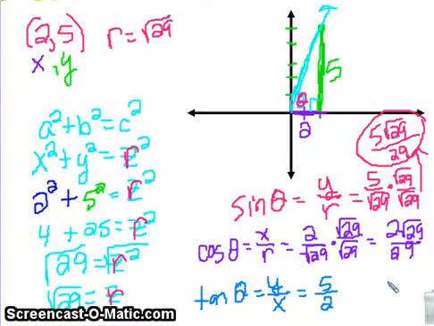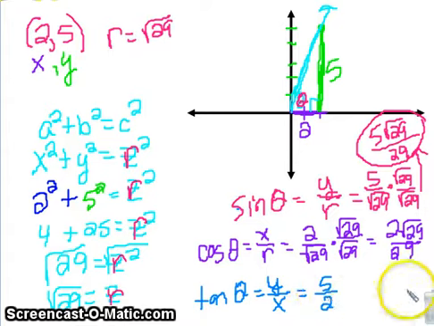So what I want you to do right now in your calculator, we're solving for the angle. So do we put the sine of this? No, you do sine inverse. Try sine inverse of 5 square root of 29 over 29. Then try cosine inverse of 2 square root of 29 over 29.